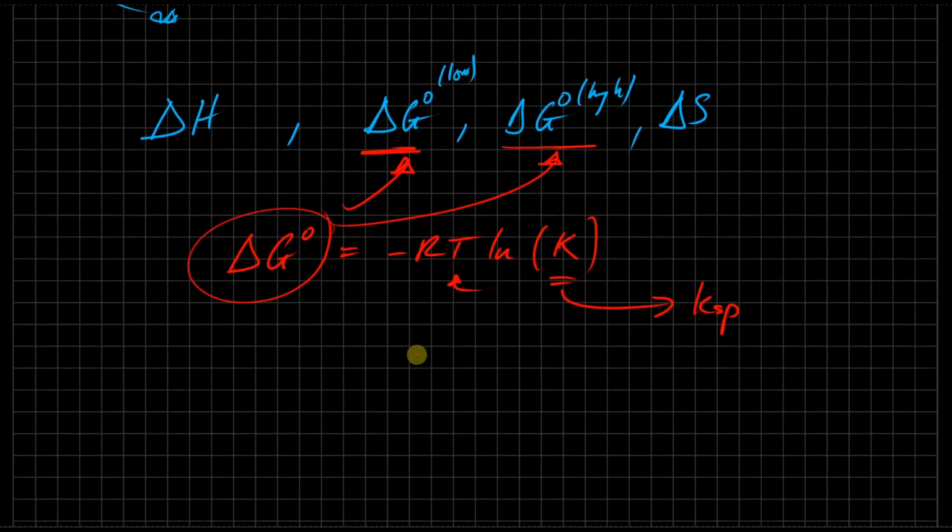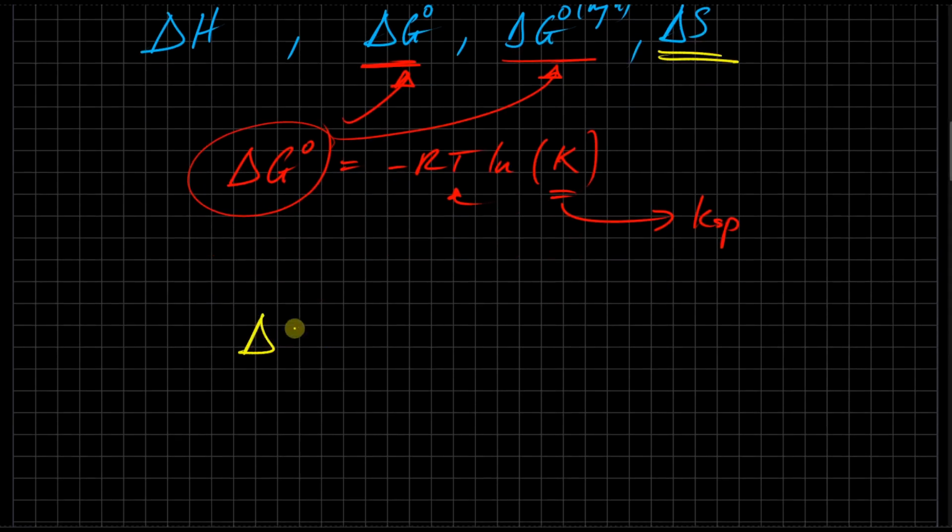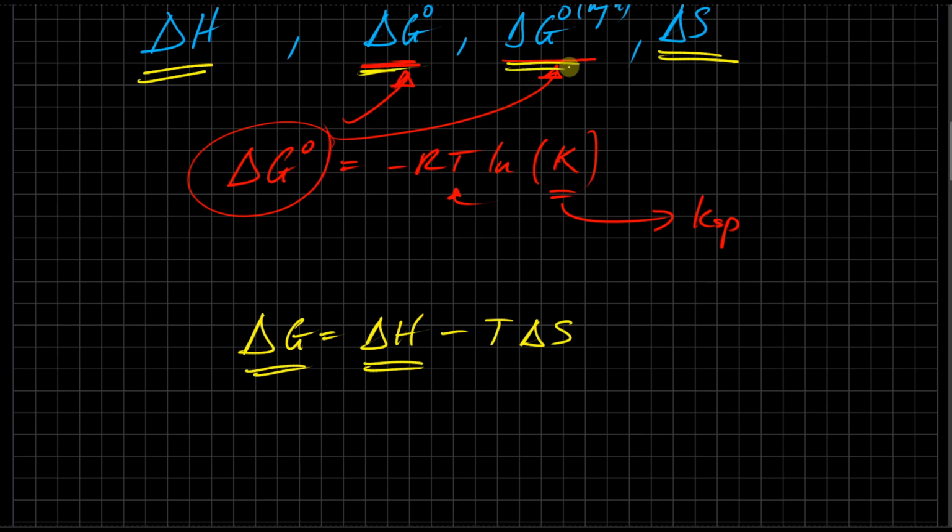Okay, the last bit of this experiment is to calculate the entropy change. We know that delta G is equal to delta H minus T delta S. We have our delta H calculated. We have our delta G calculated. Actually, there's going to be two of them.